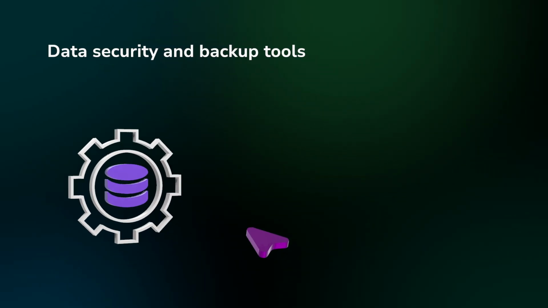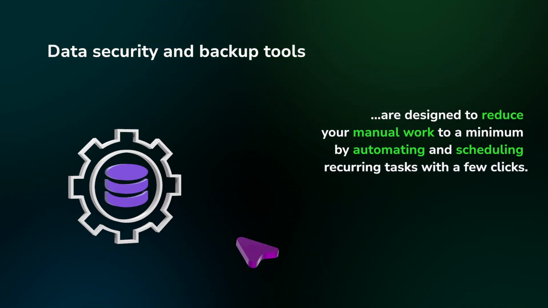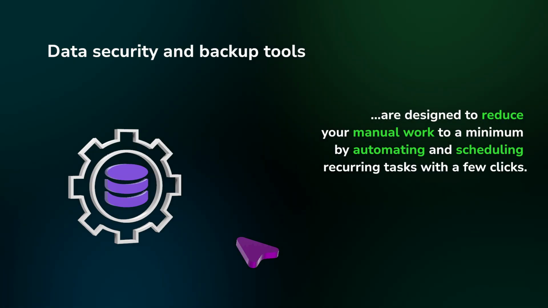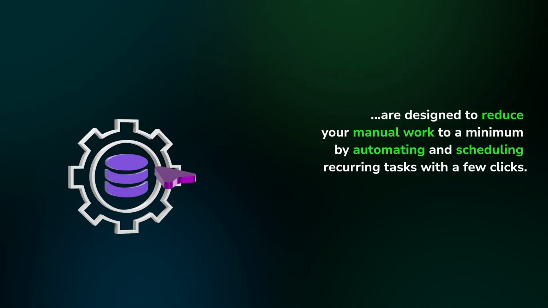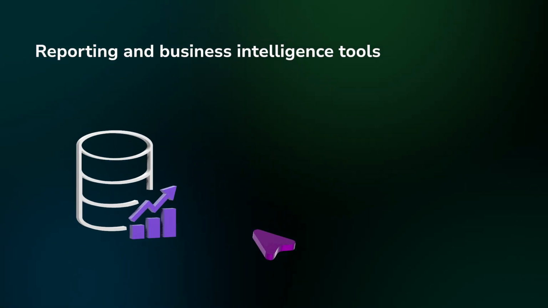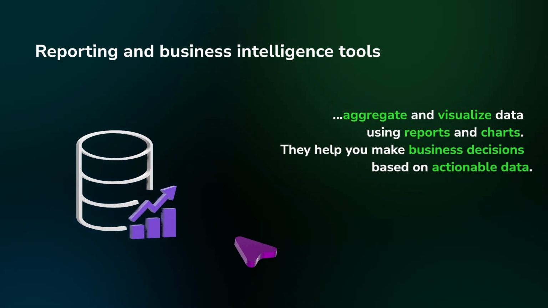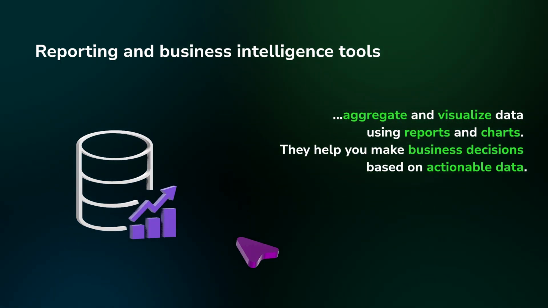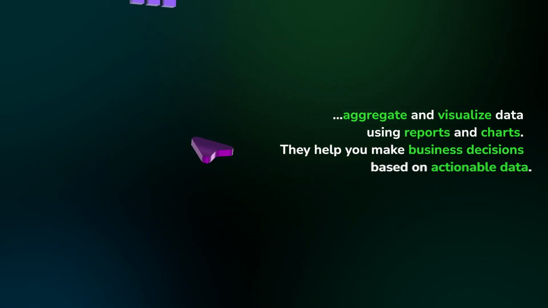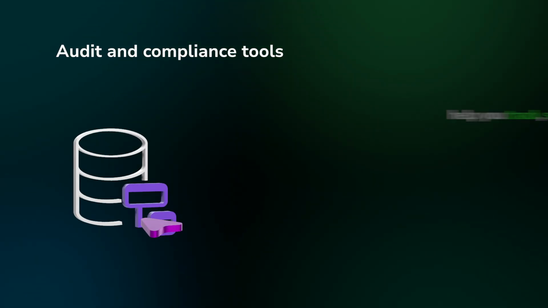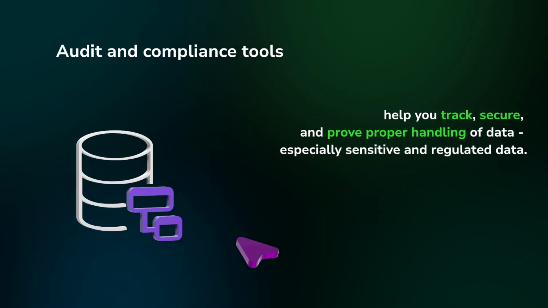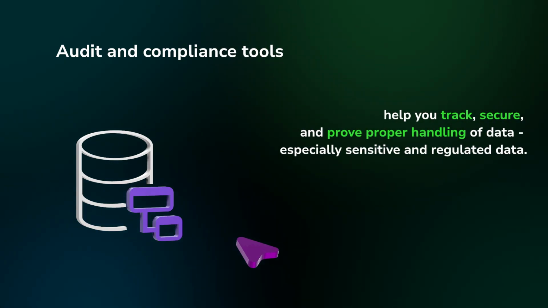Automation tools are designed to reduce your manual work to a minimum by automating and scheduling recurring tasks with a few clicks. Reporting and business intelligence tools aggregate and visualize data using reports and charts. They help you make business decisions based on actionable data. Lastly, audit and compliance tools help you track, secure, and prove proper handling of data, especially sensitive and regulated data.